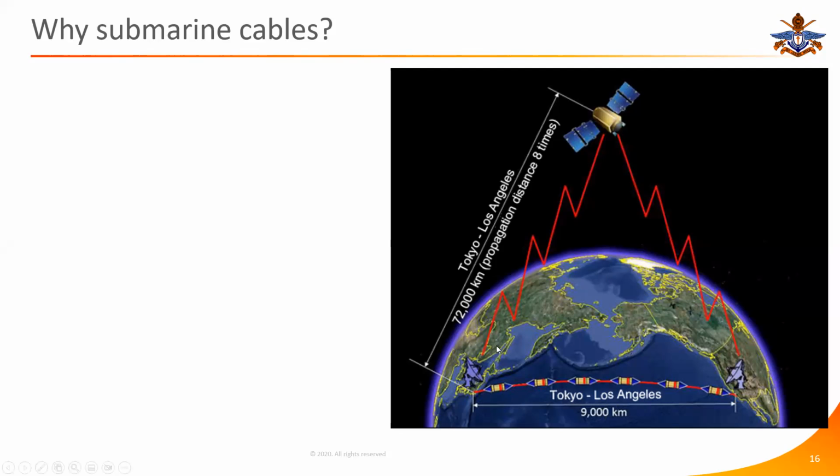So if I send a signal from Japan to a satellite, it travels 36,000 kilometers, and another 36,000 kilometers to come back down. So it travels 72,000 kilometers, which is almost 8 times longer than the distance between Tokyo and Los Angeles. So what happens to a signal that travels further?